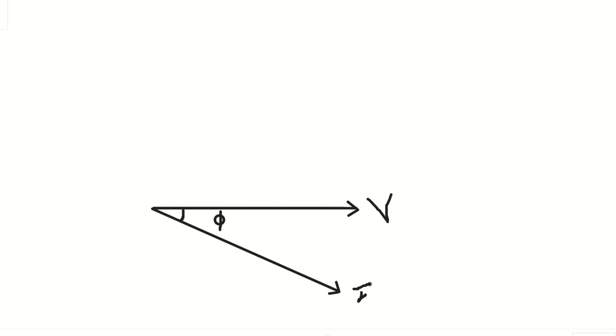Okay, similarly, can you guess, if my composite circuit consists of R and C, meaning resistive and capacitive load, then how will the phasor diagram look? Let's try to draw it. It will be very simple, right? It will be leading, just like this.